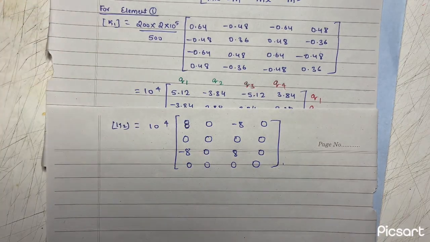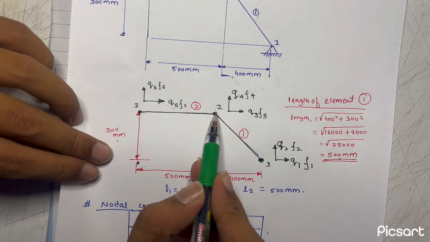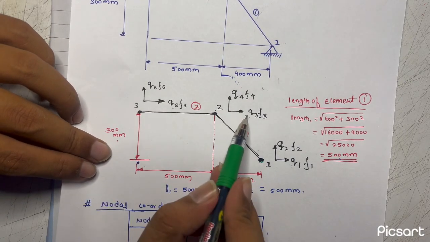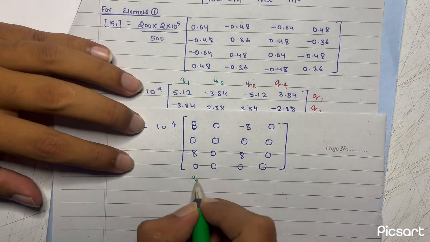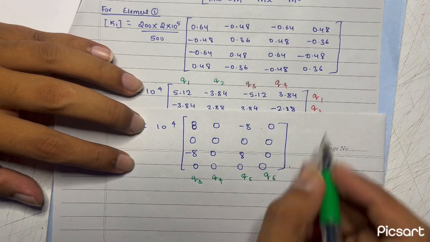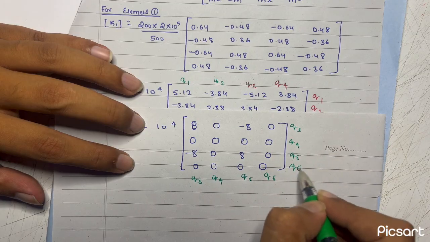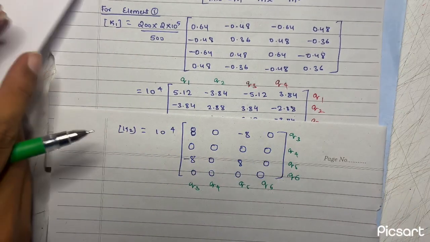Now you observe that element 2 is related to node 2 and node 3, that is Q3, Q4, Q5, Q6, in rows and columns.